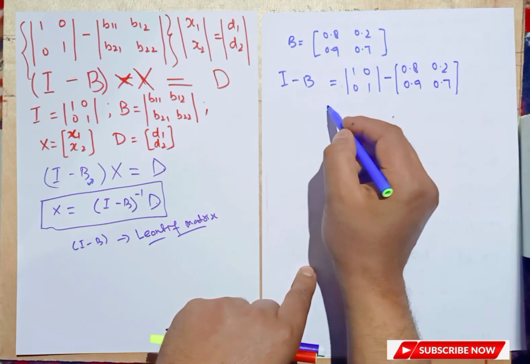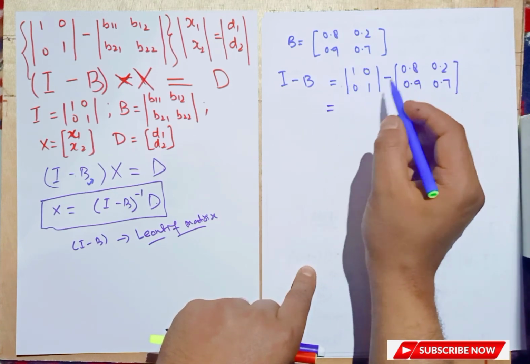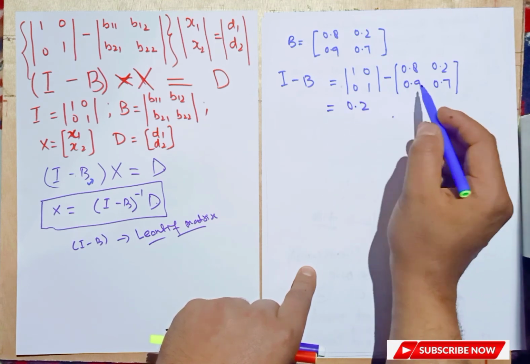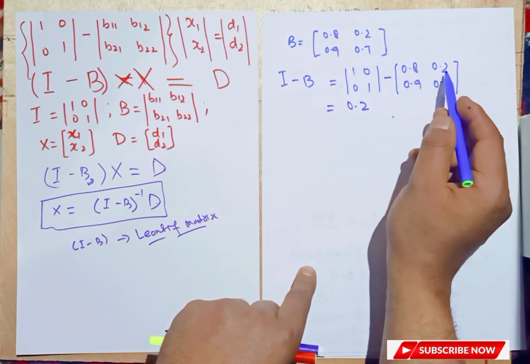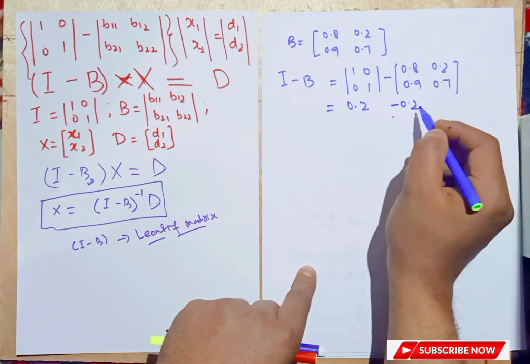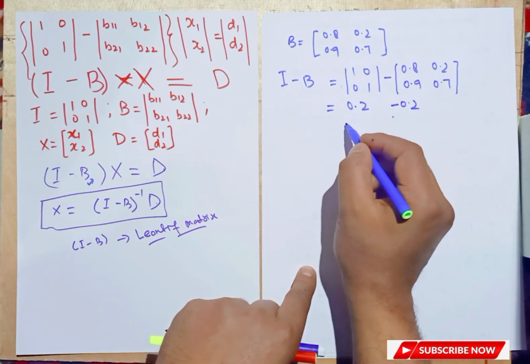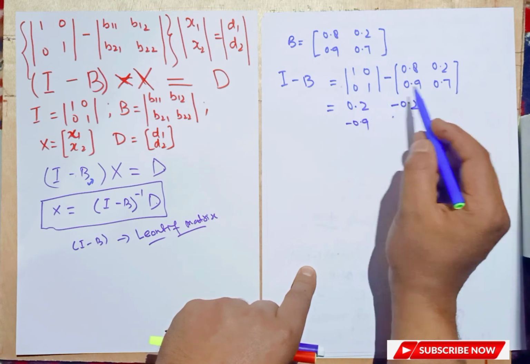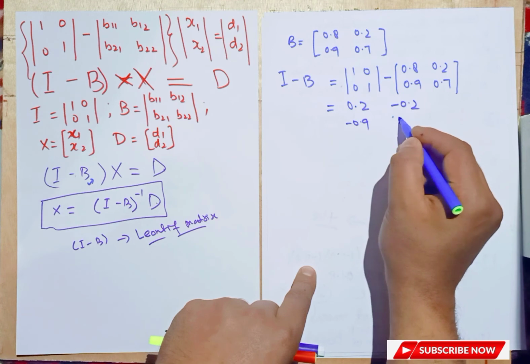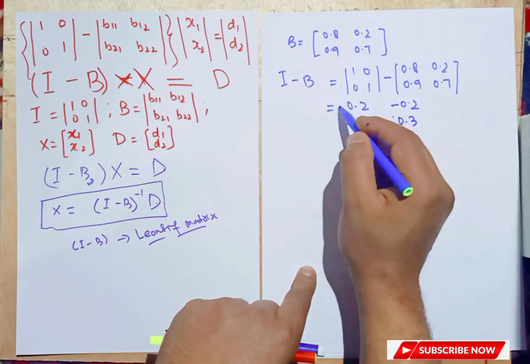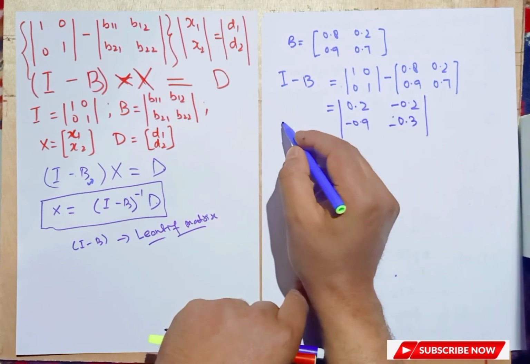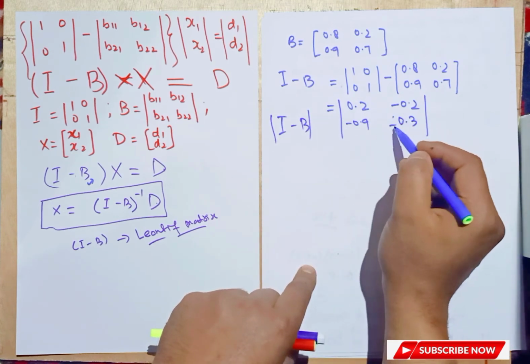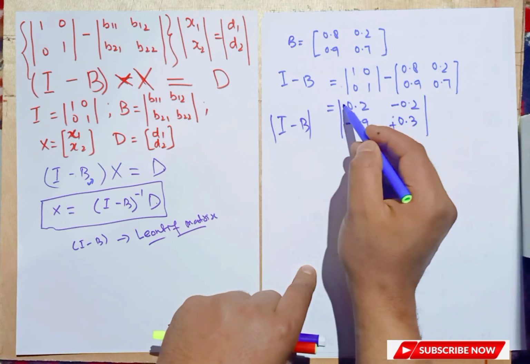Now subtracting, 1 minus 0.8 is 0.2. Similarly 0 minus 0.2 is minus 0.2, and 0 minus 0.9 we have minus 0.9, and 1 minus 0.7 is equal to 0.3. So this is our Leontief matrix. Sorry, it is here plus 0.3. These are the positive elements.